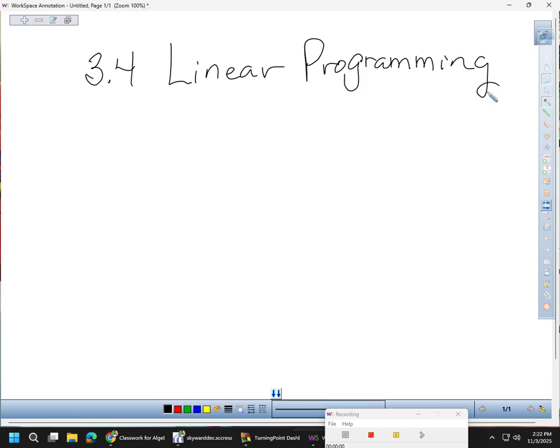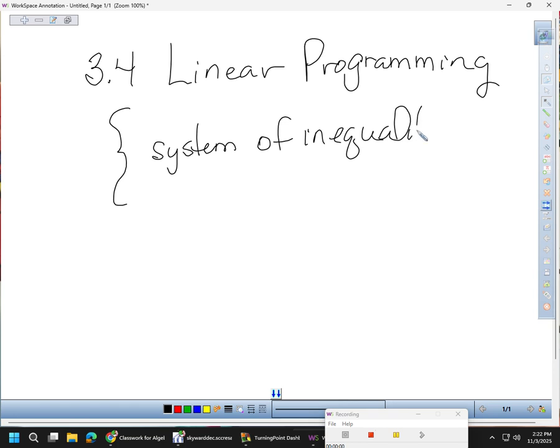Now, before we actually get into linear programming, there's some vocabulary we've got to understand. The first thing I want to tell you is when you have a system of inequalities, this system altogether are called constraints.